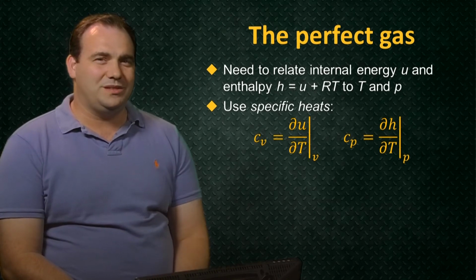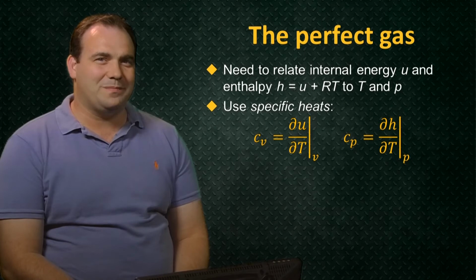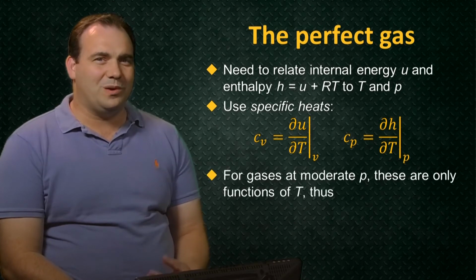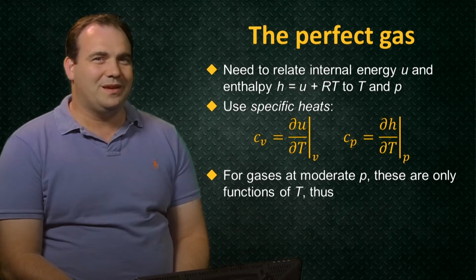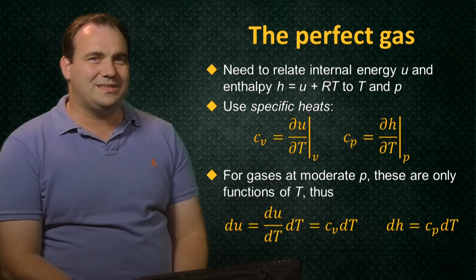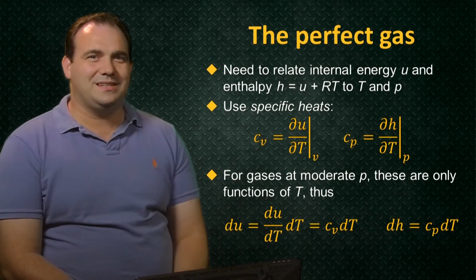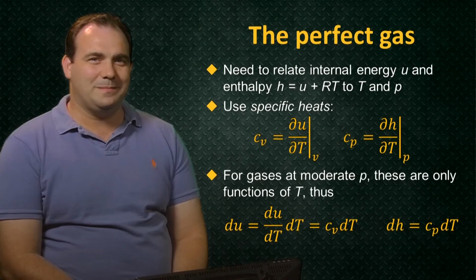Cv is equal to dU/dT at constant volume, and Cp is equal to dH/dT at constant pressure. For gases at moderate pressures, these specific heats are only functions of temperature, and the gas is called thermally perfect. A differential change in internal energy dU is then simply given by Cv times the change in temperature dT, and dH is equal to Cp dT.